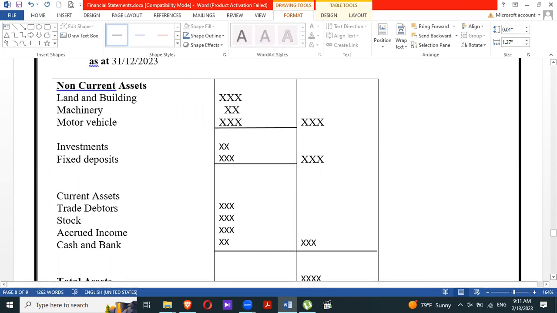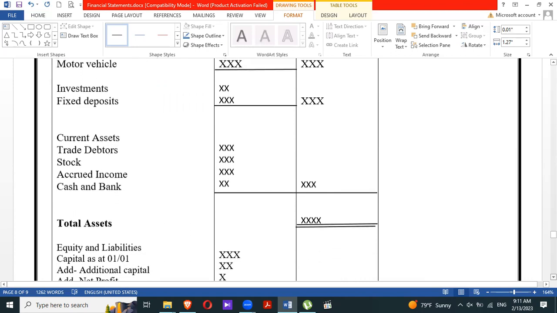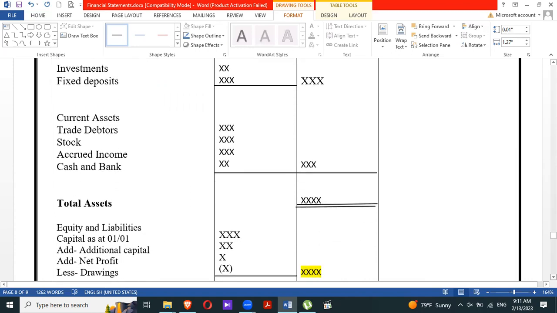After that, take the totals to the other side. Then current assets: trade debtors, stock, accrued income and cash and bank. Take the total to the other side, and the summation of those figures we call total assets: tangible non-current assets, intangible non-current assets and current assets, right?